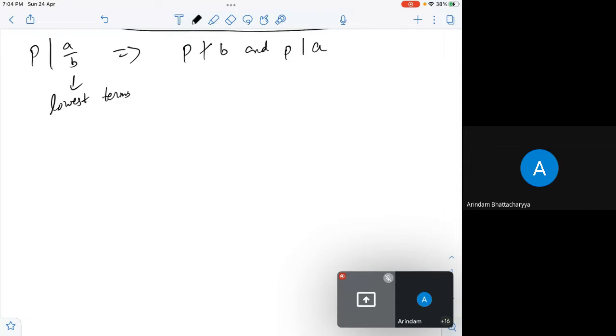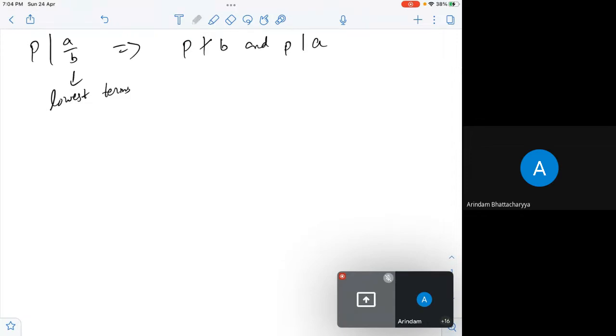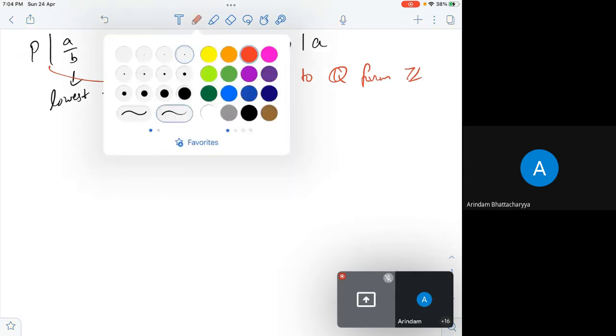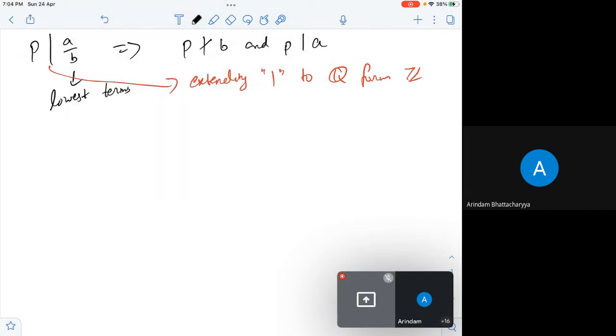And with this definition, this is sort of extending division to Q. Usually we just work in Z anyway.